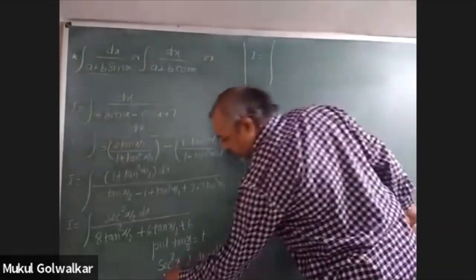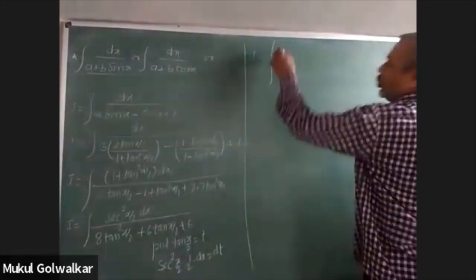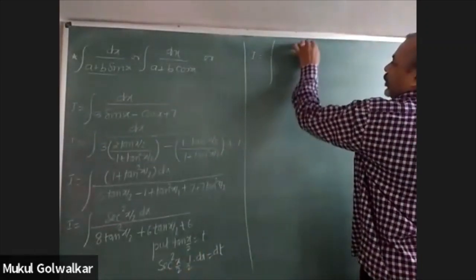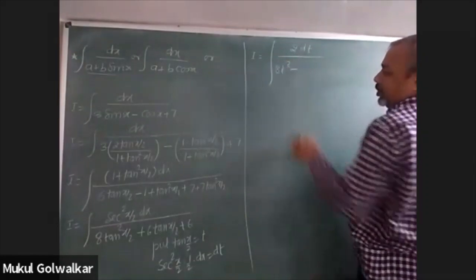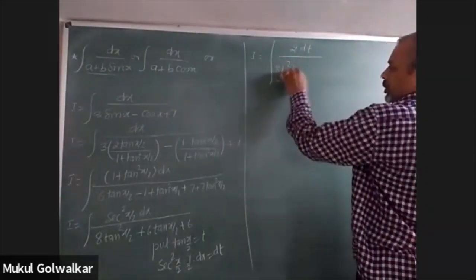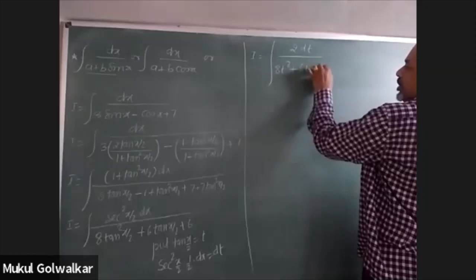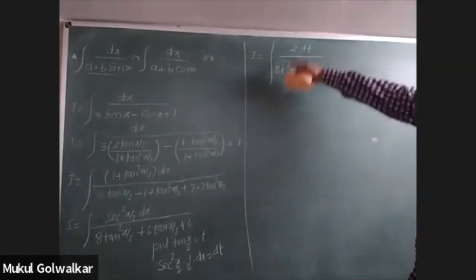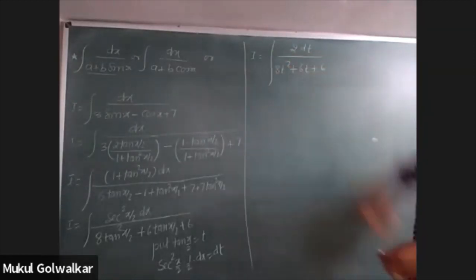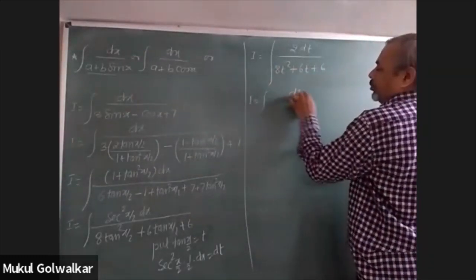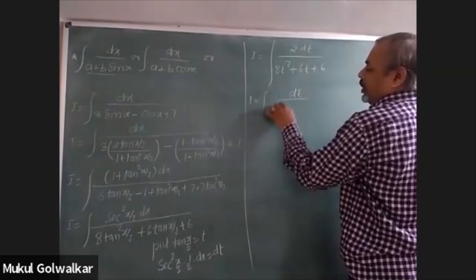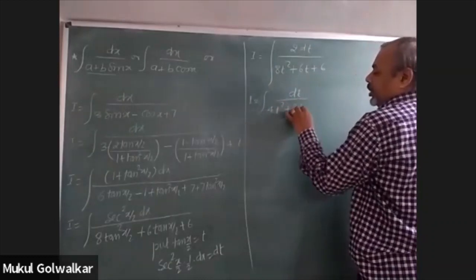So sec square x by 2 into dx will become 2 dt. So I am writing 2 dt in the numerator divided by 8 into t square plus 6 into t plus 6. Obviously we can cancel 2 from numerator and denominator, and we can write that in the form of dt upon 4 into t square plus 3 into t plus 3.